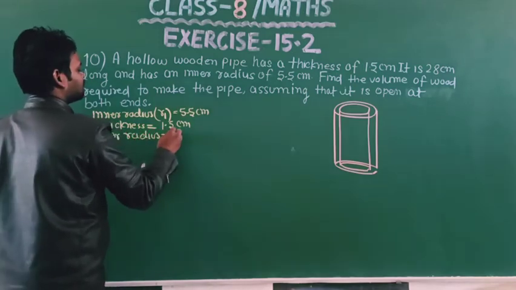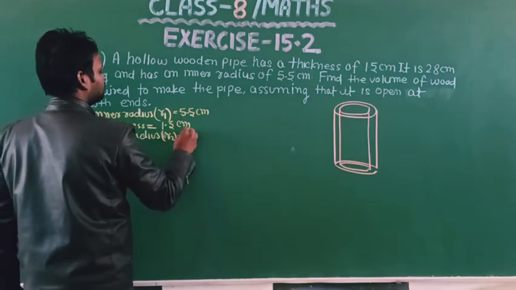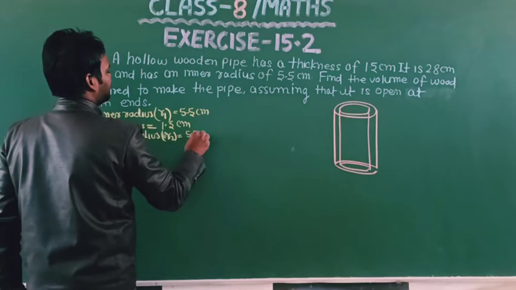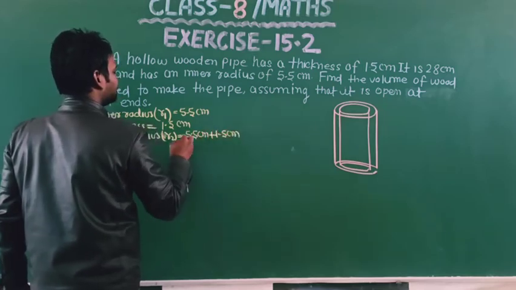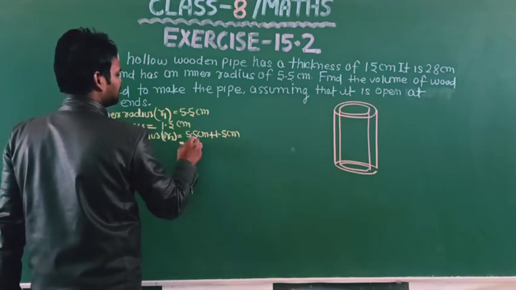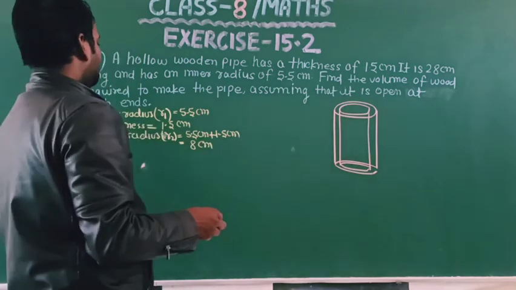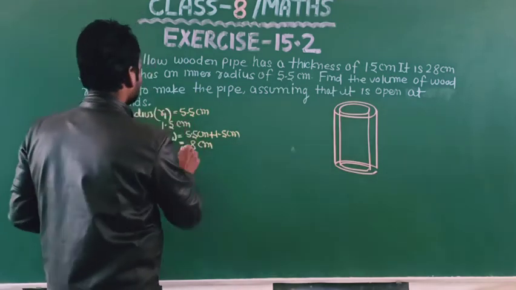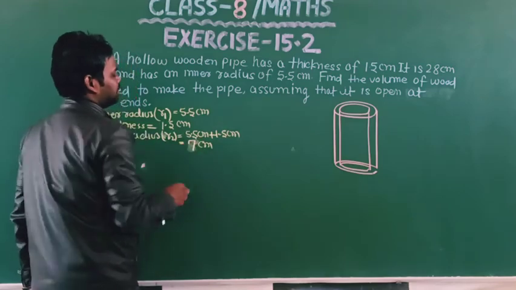So the outer radius becomes R2 equal to 5.5 centimeter plus 1.5 centimeter is equal to 7 centimeter.